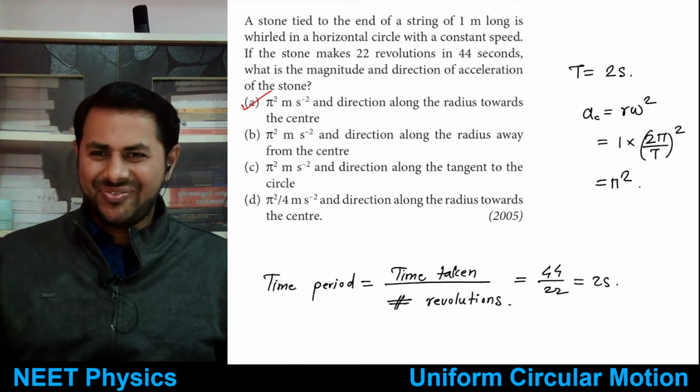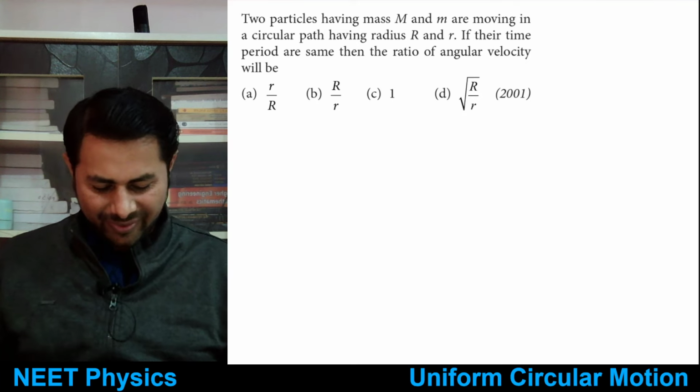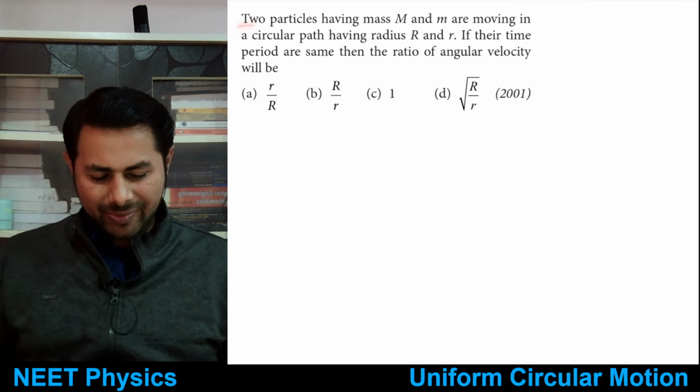But they are asked. Two particles having mass m and m are moving in a circular path having radius R and r. If the time periods are the same, then the ratio of angular velocity will be?